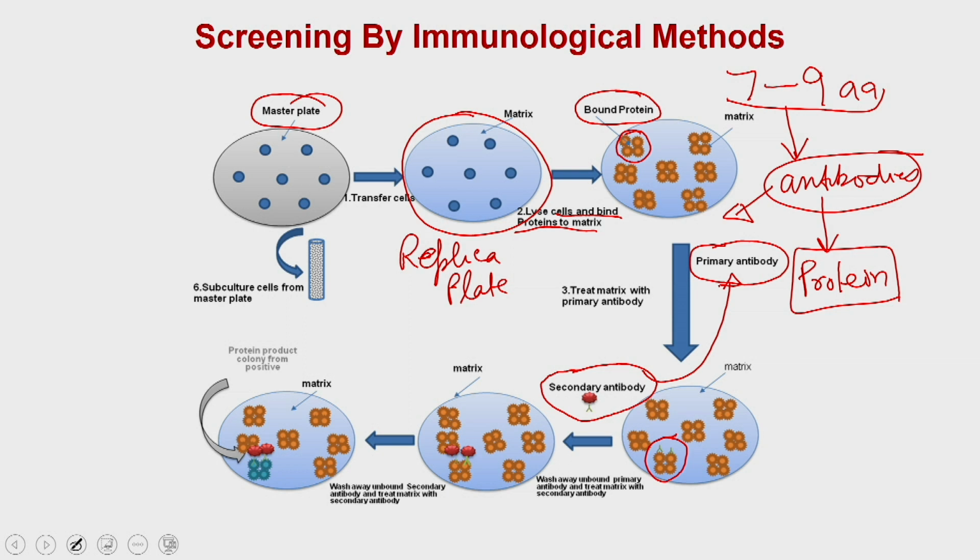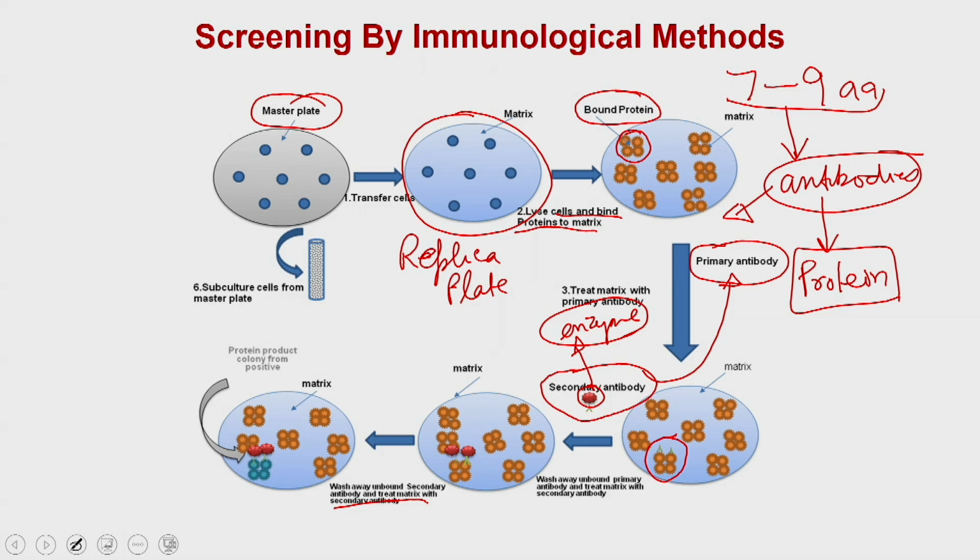Why is it called the secondary antibody? Because you are adding it a second time. The secondary antibodies are also coupled to a particular type of enzyme, and this enzyme can be used to catalyze a reaction, because at the end you have to develop the membrane. Once you add the secondary antibodies, you will wash the membrane to remove the unbound secondary as well as primary antibodies. This washing is going to be very harsh, so that you remove the non-specific binding.